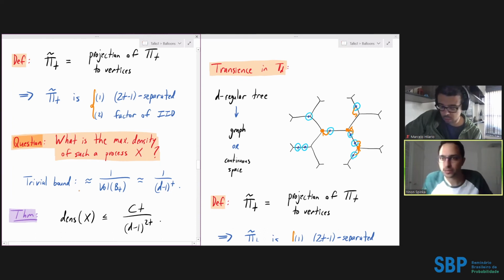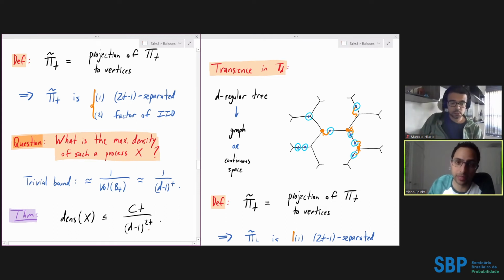You can indeed find sets which have this density. But if you want it also to be a factor of IID, then the density decreases by a lot. Essentially, it looks like 1 over the volume of a ball of radius 2t. Okay, up to this factor of t in the numerator.